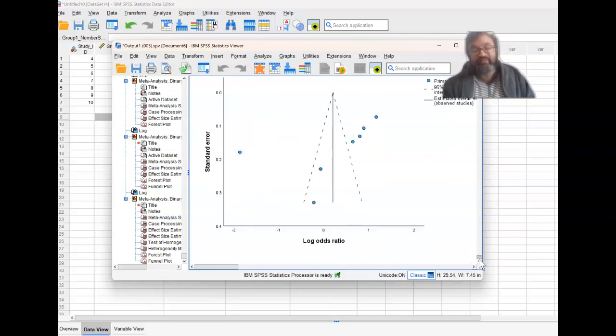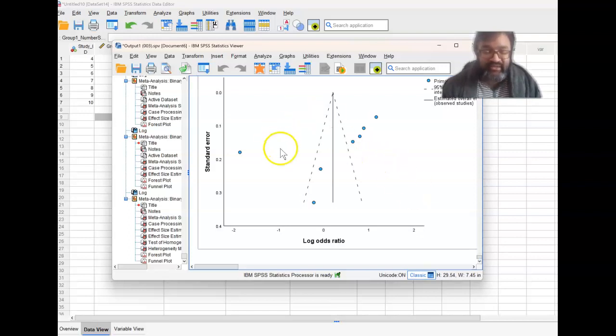And you're not responsible for looking at a lot of this. Just understanding, is there a publication bias going on? And indeed there is, because this is the overall observed studies effect size, and these are each publication, and some of these publications are outside, and so there is some publication bias going on.